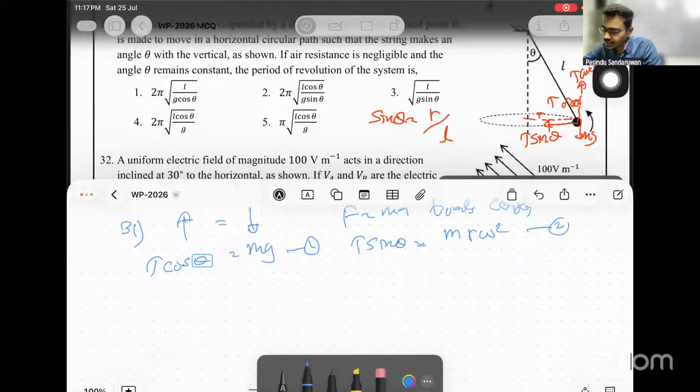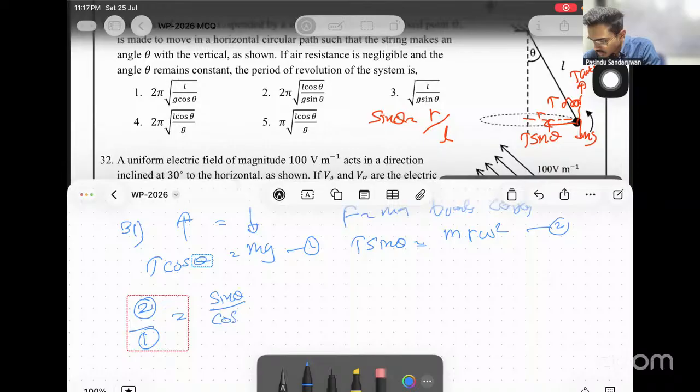Divide these two, then T cancels and sin theta over cos theta comes, m cancels, then r omega squared over g comes.